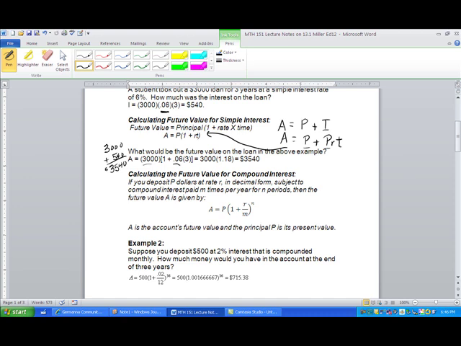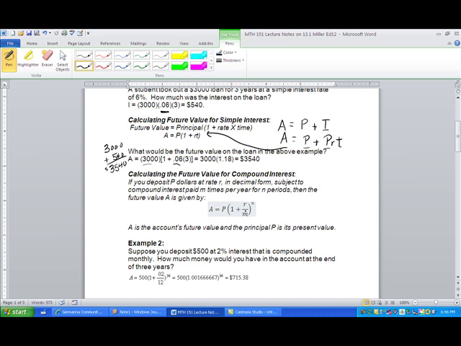If it's monthly, M would be 12 because you're paying 12 times a year. So it's taking the annual rate and making it into the quarterly rate or the monthly rate or the daily rate or whatever. So that's why we're dividing this annual rate here by M.